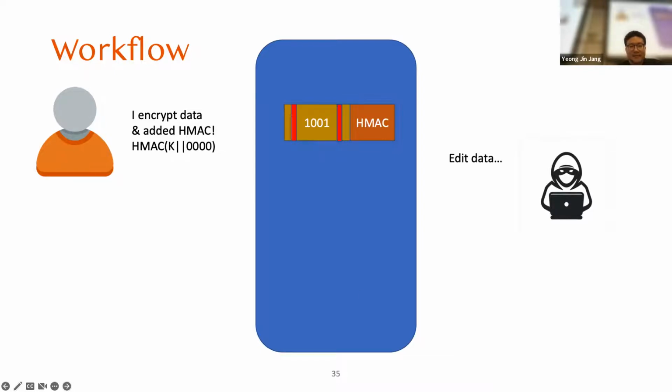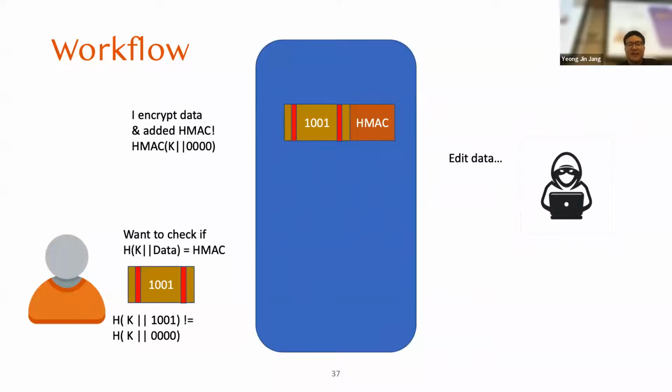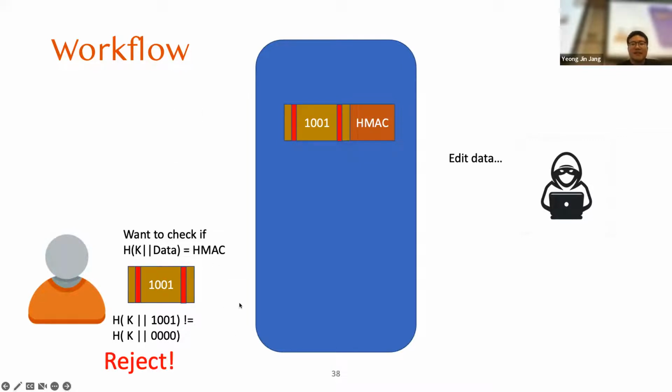The previous value was 0000, but now the value was changed to 1001. Later, I want to check whether the MAC is valid. I will calculate the key and the message and hash it again. But because the input is different, it was 0000 but now is 1001, we will have a different MAC value. So we can reject it at this moment.